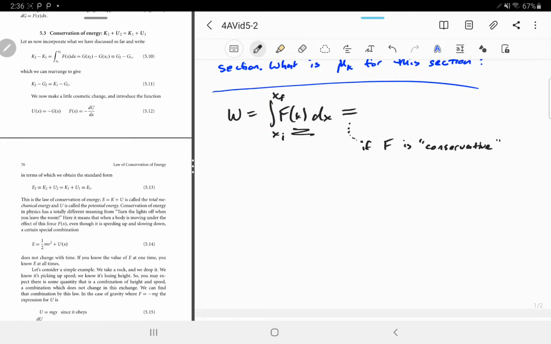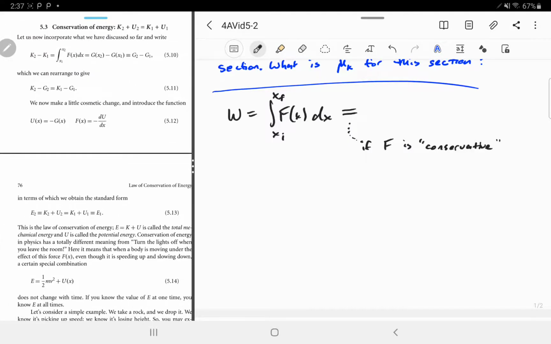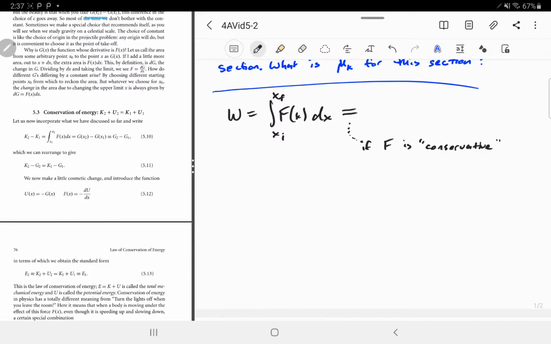There's some antiderivative function for F, and your book calls that G. So we'll call it G just for a few lines, and then we're going to have another variable that means a little bit more. See how your book changes to U pretty quickly, and then there's no more mention of G ever again. So we'll do the same thing. G is just the antiderivative. So the integral here is G evaluated at x final, minus G evaluated at x initial.